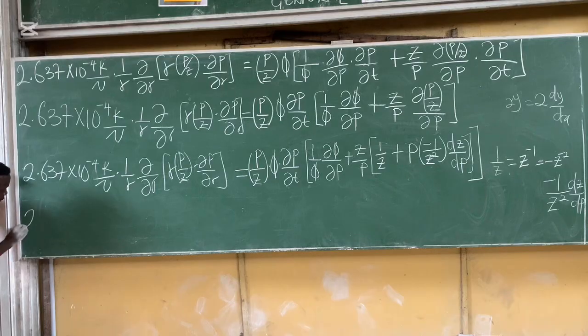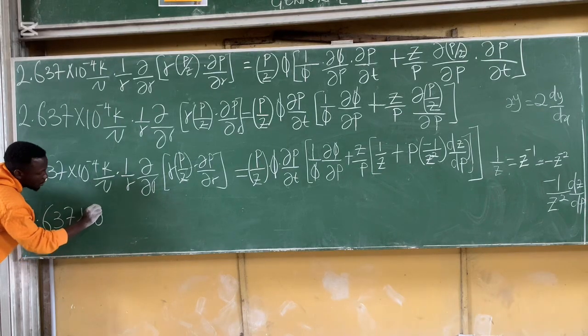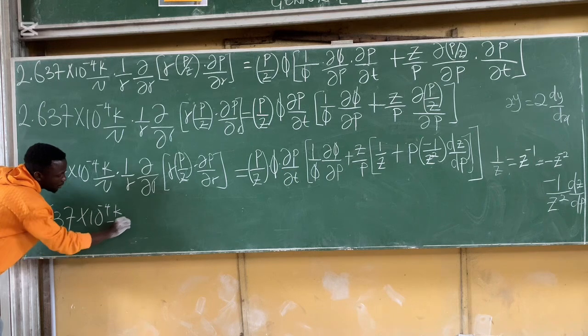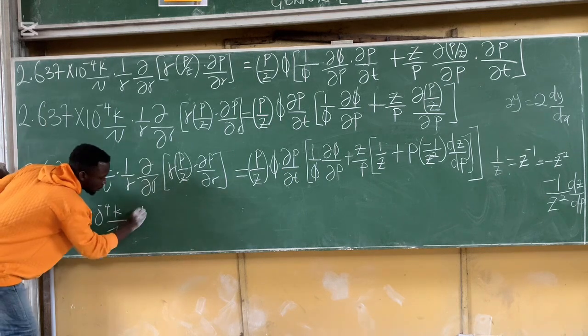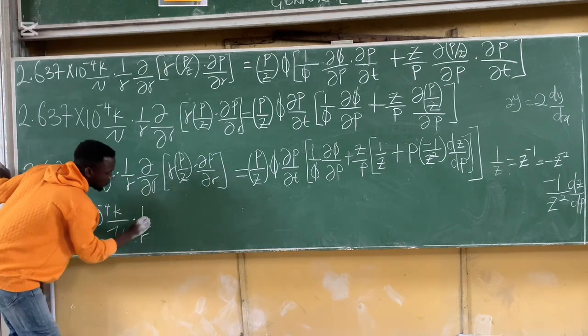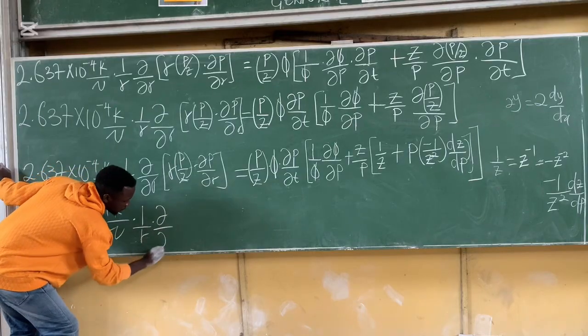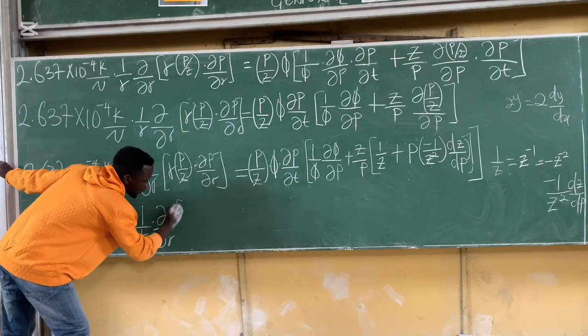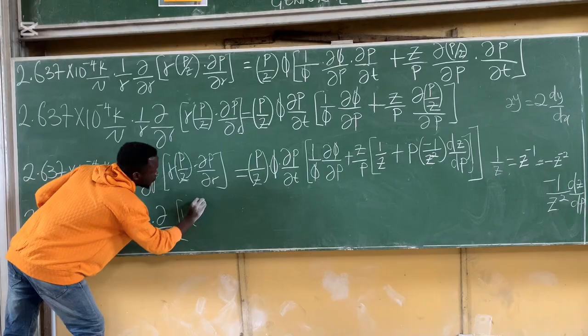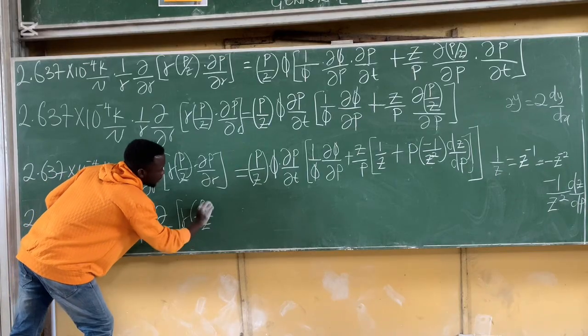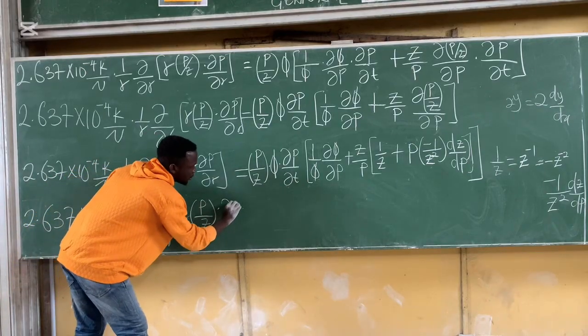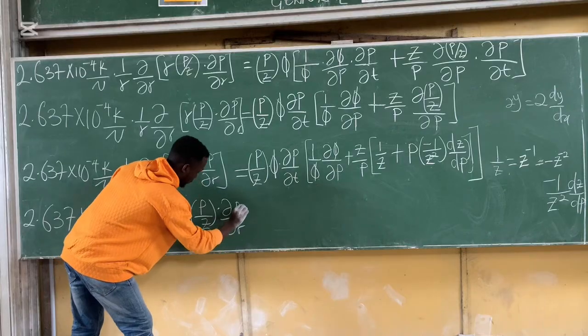So this will give us 2.637 times 10 raised to the power of minus 4 k divided by mu, times 1 over r, d/dr of r times p over z, dp/dr.